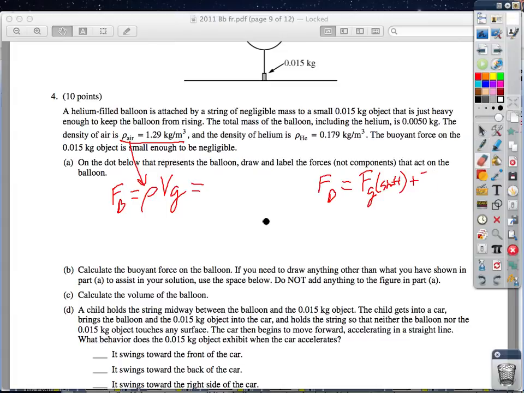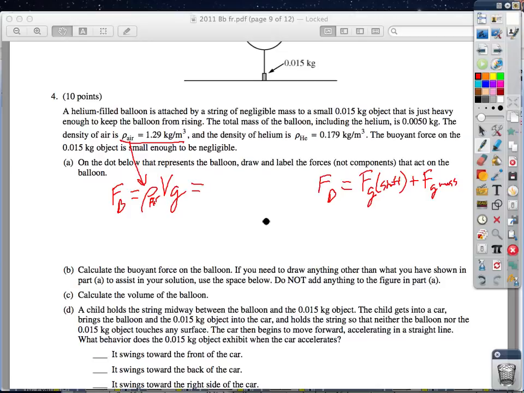So we have our original force statement, and this was the force of gravity on the mass. We're trying to find the volume of the balloon.